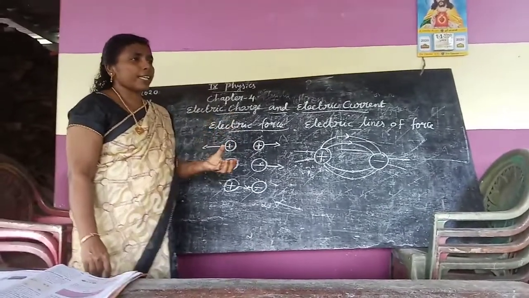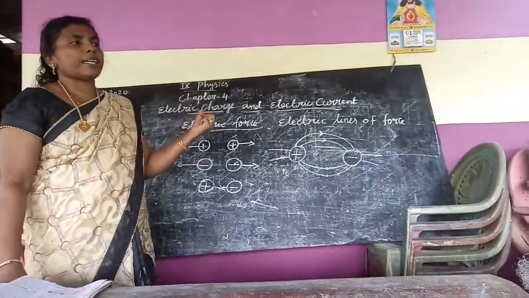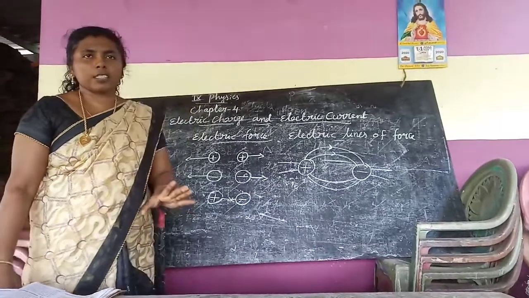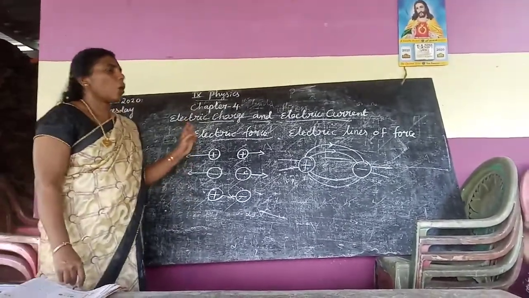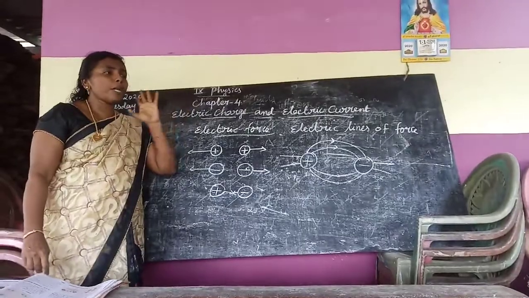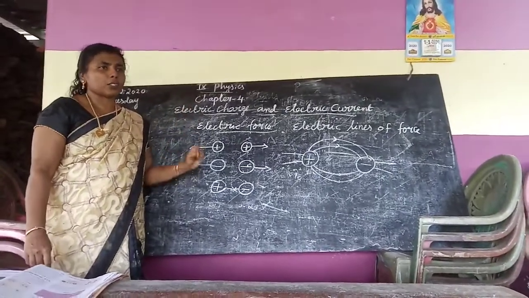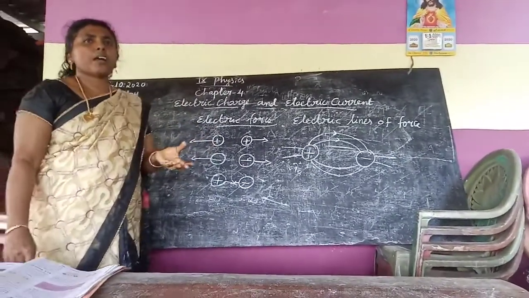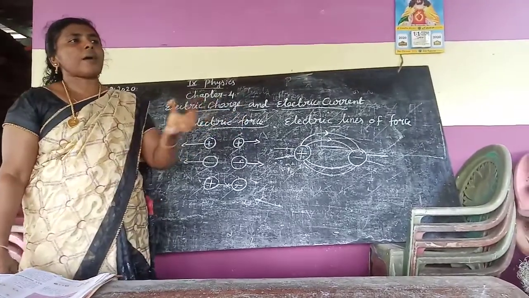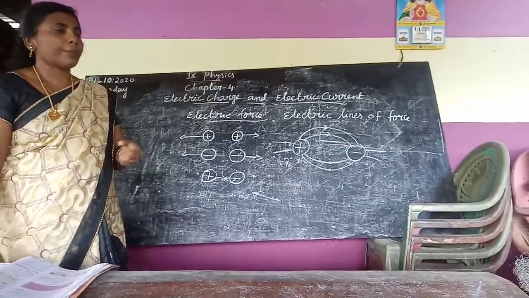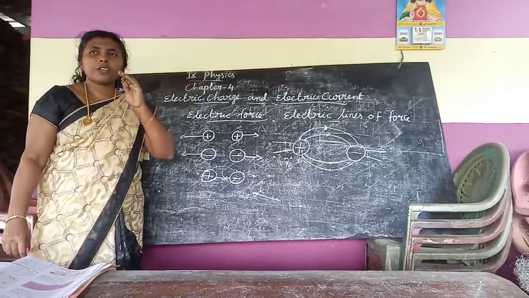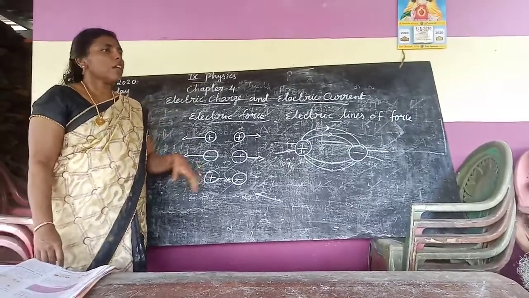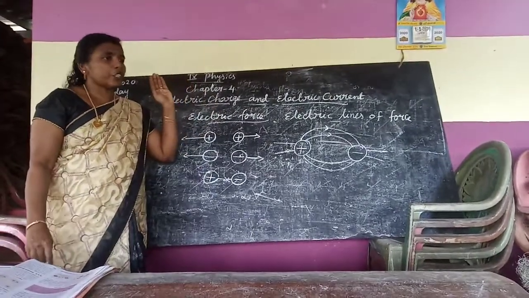When we take the negative charge from the atom, only positive charge is there in the nucleus, so we say it is a positive ion. Negative ion means when we give an excess number of electrons to the atom. The electron has only negative charge, so we say that is a negative ion.